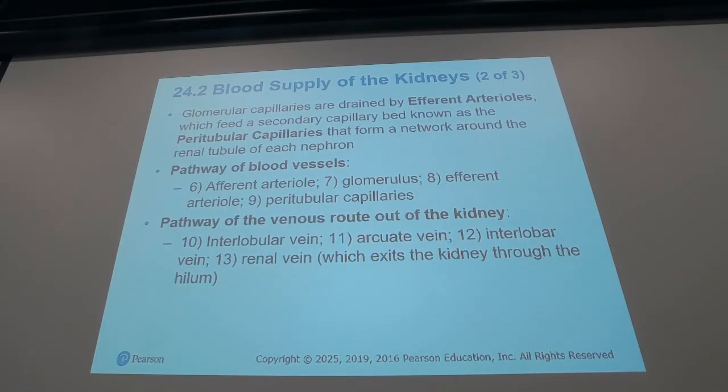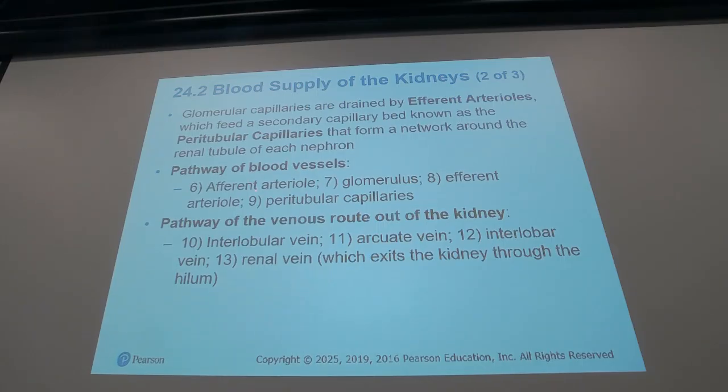Once the blood passes through the glomerulus, it is going to drain into the efferent arterioles. Efferent or exiting, if you want to remember it like that. And now, this will feed into the peritubular capillaries that form a network around these tubules of each nephron.